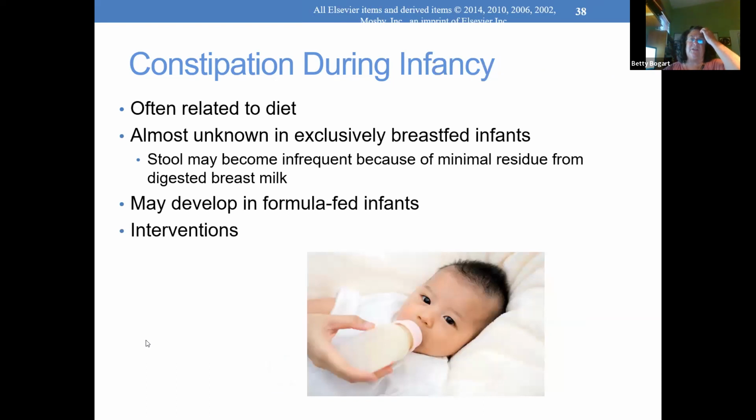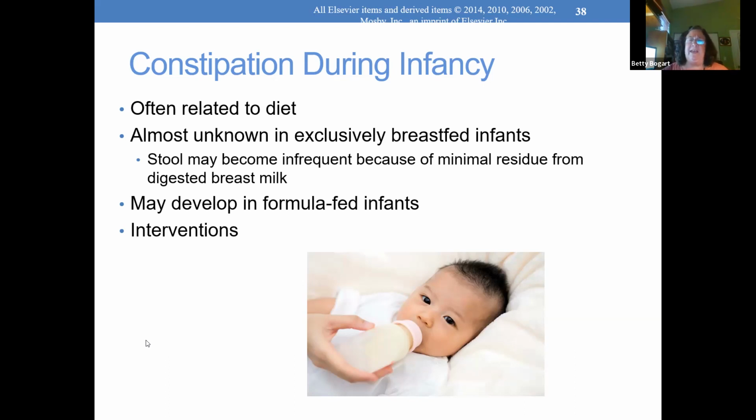Now, constipation can occur without all of that stress stuff. It's usually more in formula-fed infants than in infants with breastfeeding. Now, for formula-fed infants, if it's constipation, usually the intervention is to give a bottle of apple juice or a little bit of prunes.